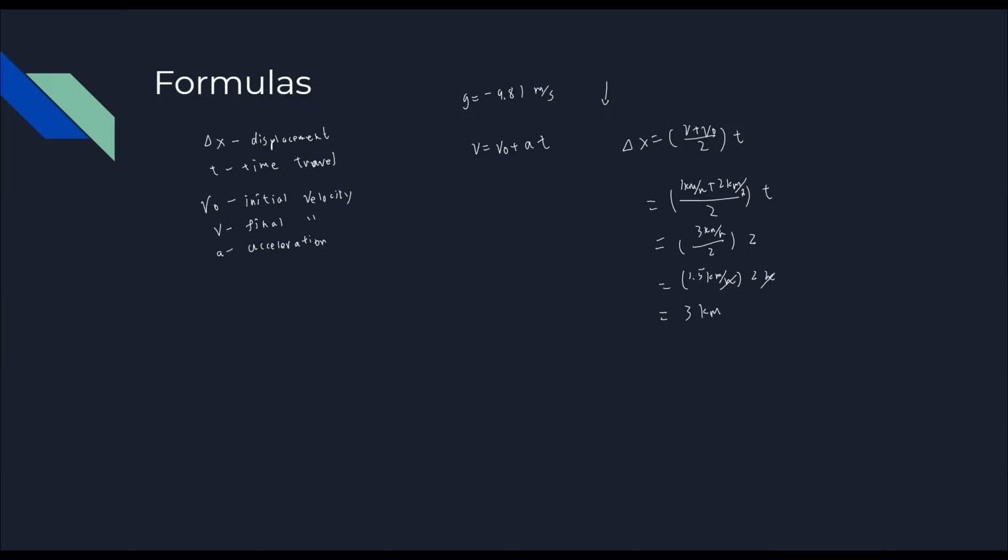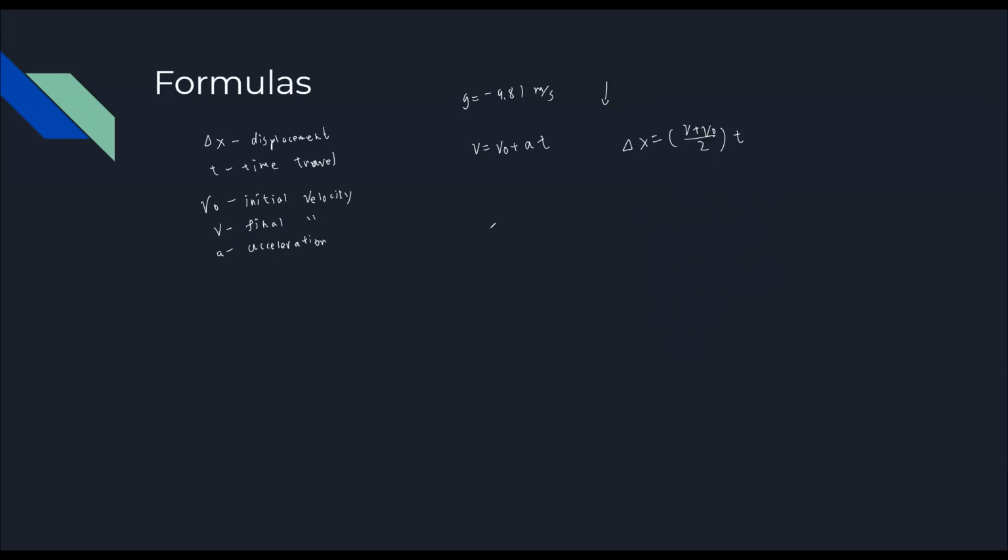So that's why, if you're writing h, you would then clearly see that it cancels each other out, and you would be left with 3 kilometers. So now we know that if the person started traveling at 2 kilometers per hour, slowed down to 1 kilometer per hour and it traveled for 2 hours, we know that they moved for 3 kilometers in total. So this is also extremely helpful. And as I said, if you're missing acceleration, then this is your go-to formula.